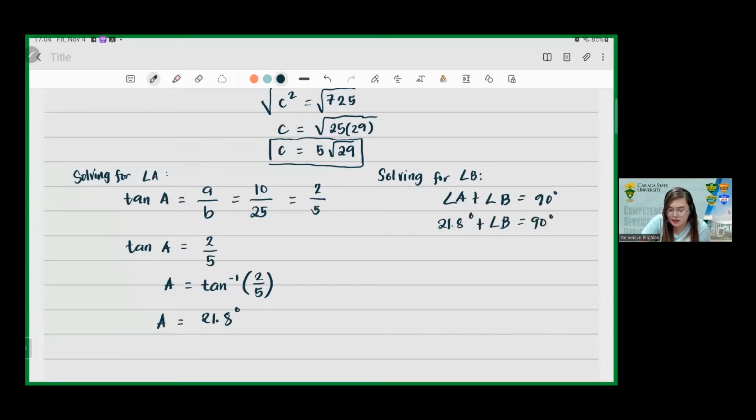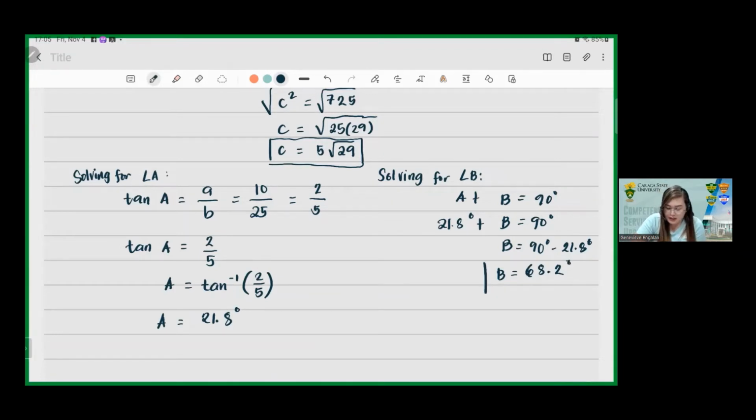So angle B is equal to 90 minus 21.8. So angle B is equal to 68.2 degrees.